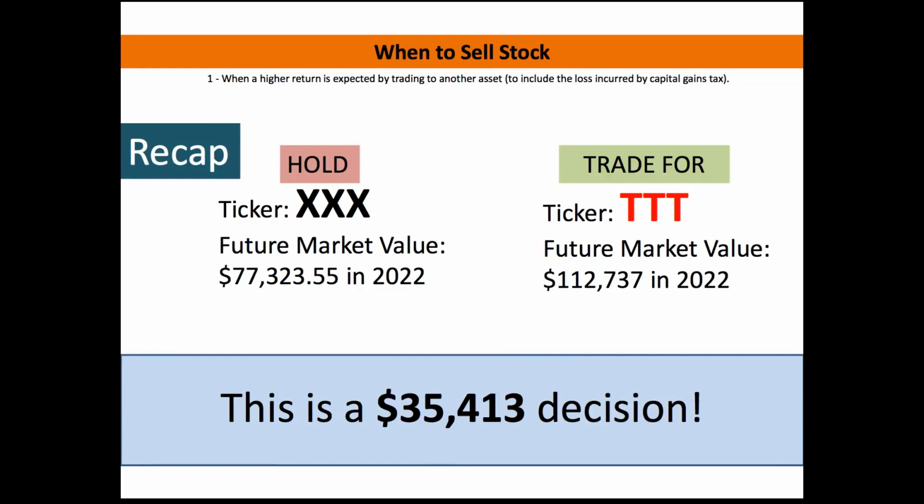Okay, if we decided that if we continue to hold company XXX based off of all the new trends in the data, that our future market value in 10 years would be worth $77,000. And then we went and calculated, after we pay the capital gains that we earned off of company XXX, and then we traded it into company TTT, that the future market value would grow to $112,000 in that same time period.